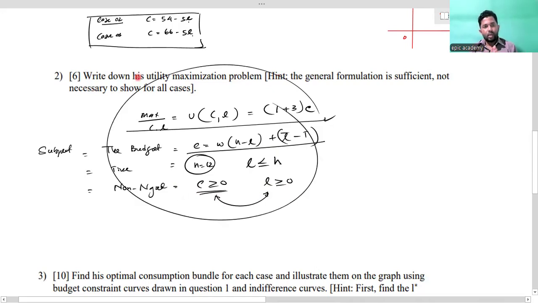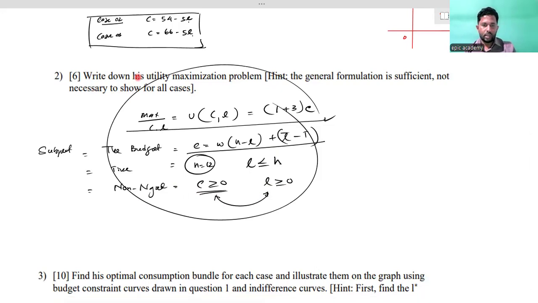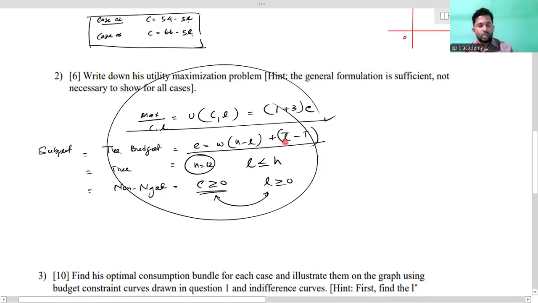By using that, you can identify the maximization. How can we identify the maximization level? Actually, by using the MRS, the marginal rate of substitution. If you consider two types of commodity, the income or budget must be equal to the marginal utility of X and marginal utility of Y. That is the theory.